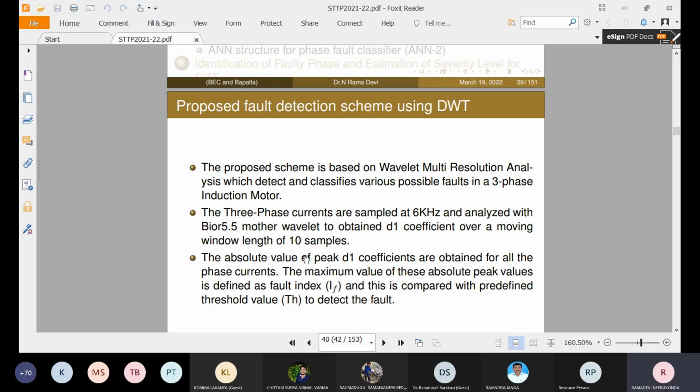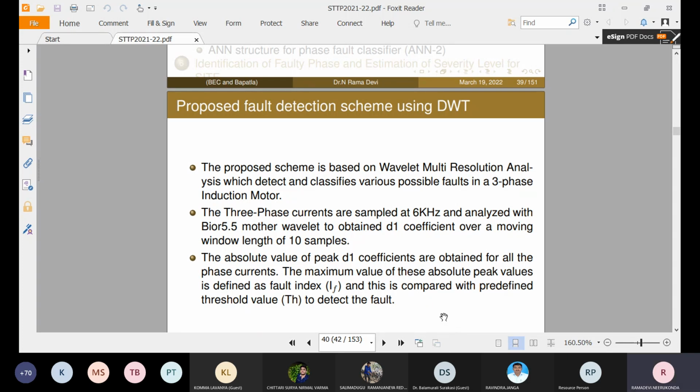In this detection algorithm, we consider a moving window of 10 samples of detail coefficients. The absolute peak value of those detail coefficients is set as a fault index. The maximum value of the three-phase absolute peak values is defined as the fault index.